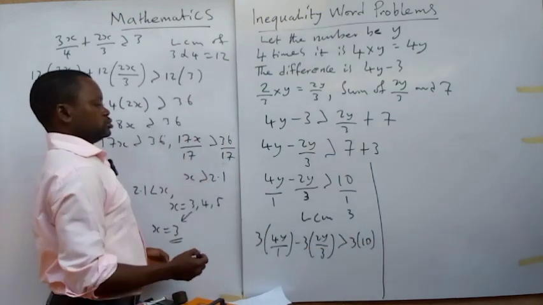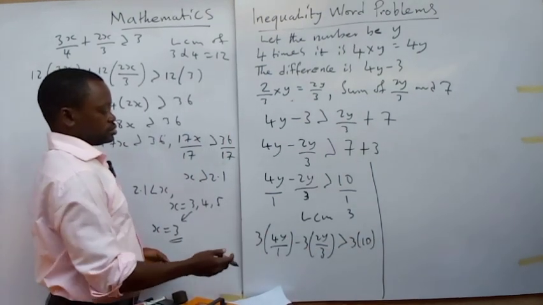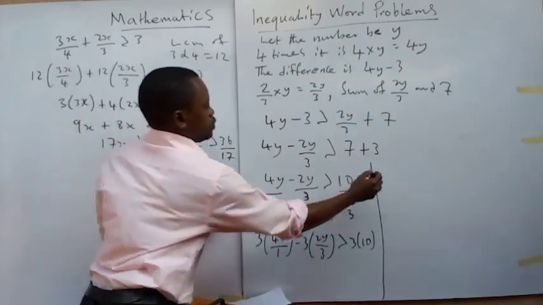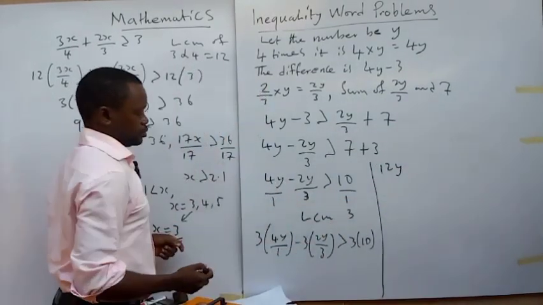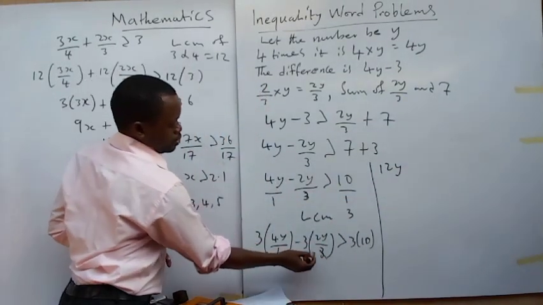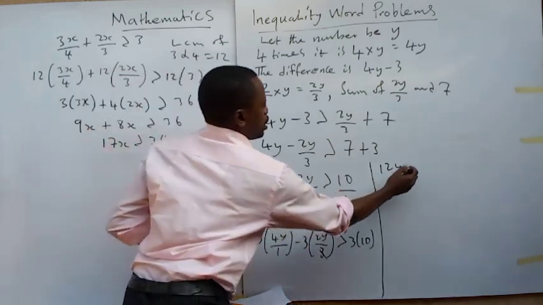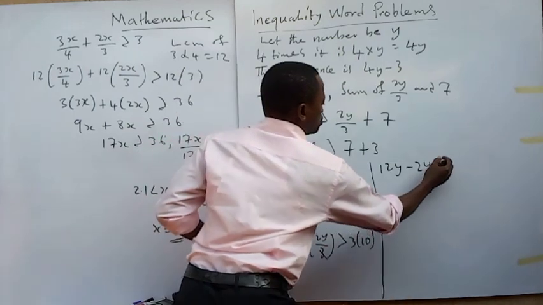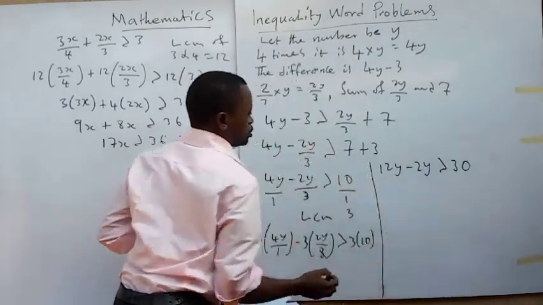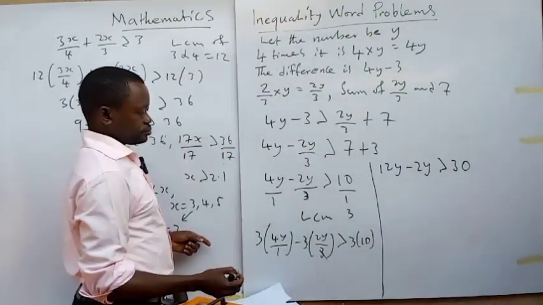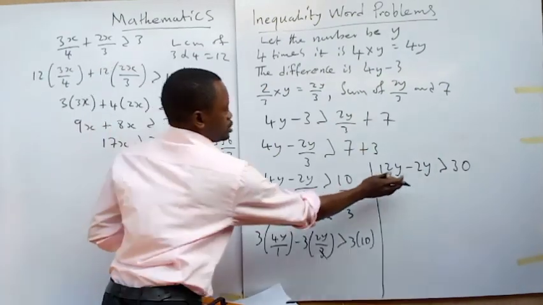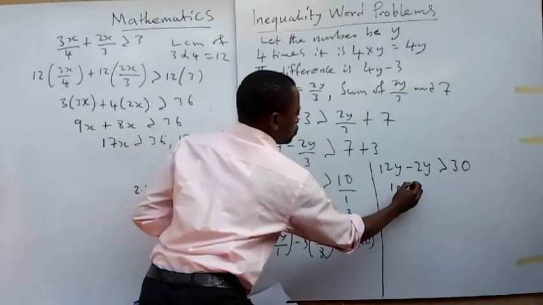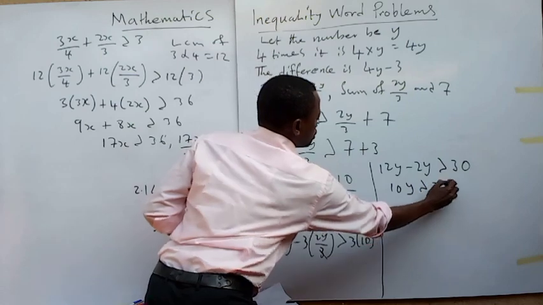Having done that, this will be 12y, and we cancel this. We now have minus 2y, and then greater than 30. You can see that. This is now 10y greater than 30.